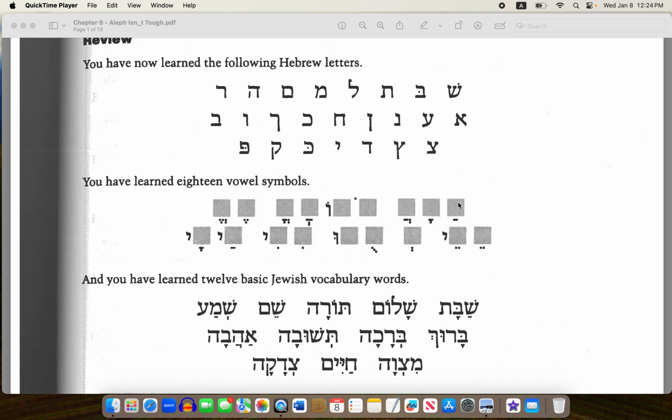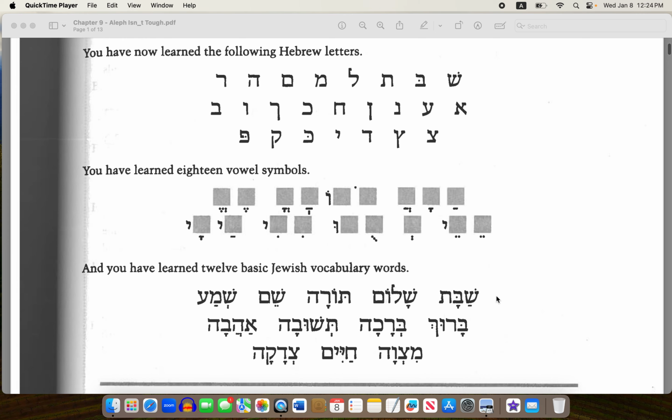So Tsa, Tsa, Tsa, Tso, Tso, Tse, Tse, Tsi, Tsu, Tsu, Tsi, Tsai.